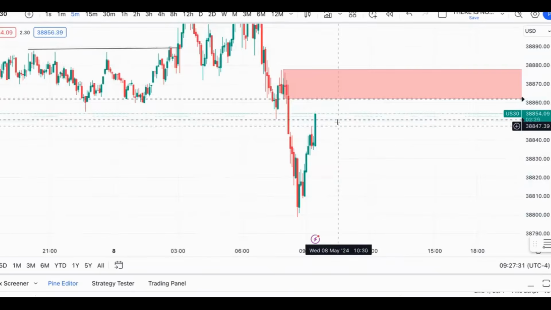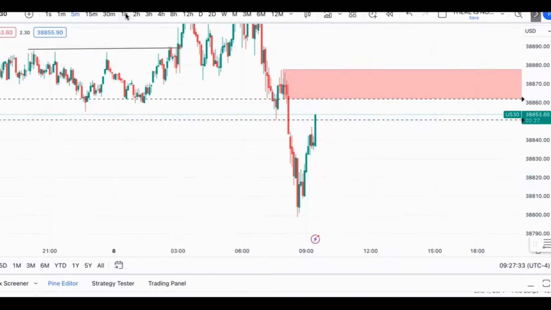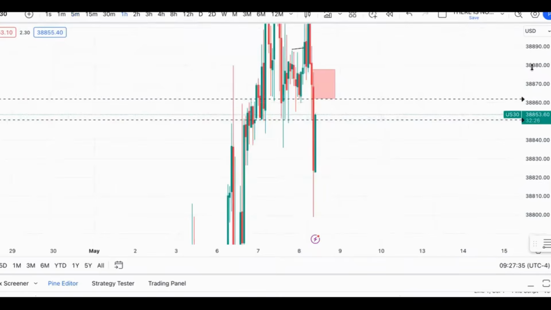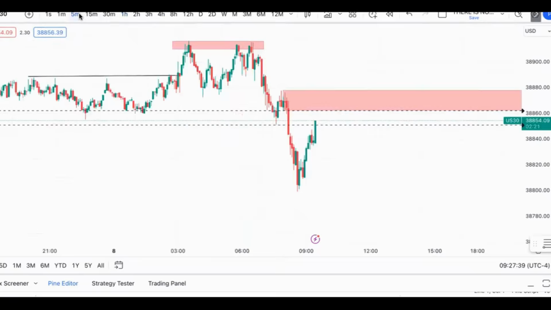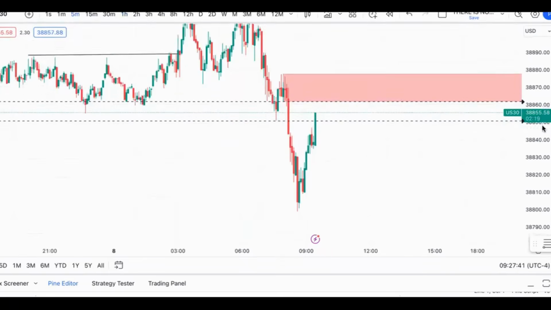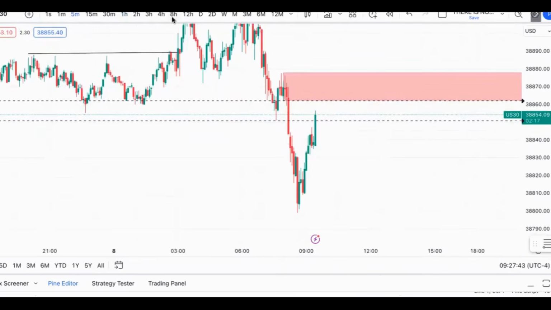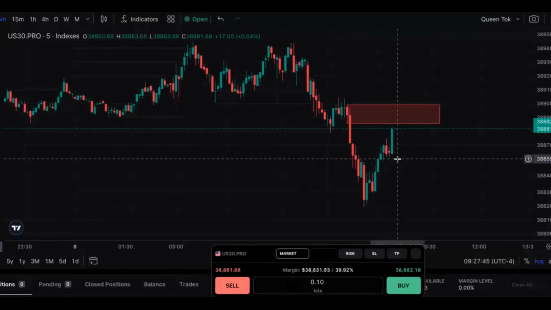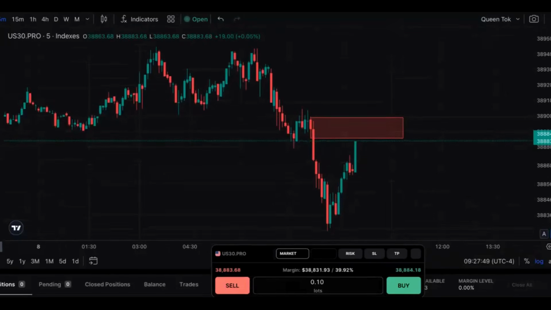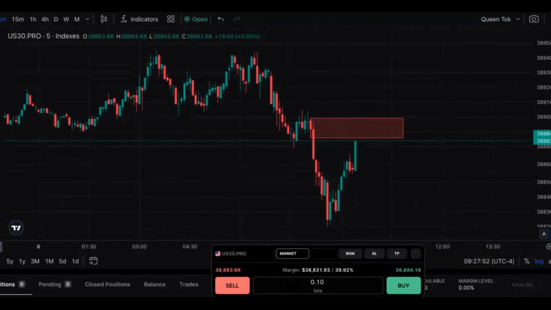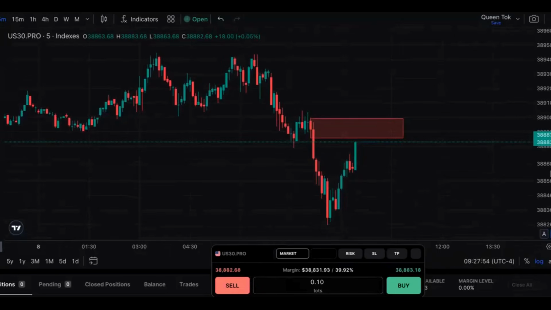So we did go ahead and come into that 1 hour area of interest here, as you can see. And now we're going to go back to that 5 minute area right here. Let's take a look at what that looks like on Trade Locker. And so we have this area, and we have 2 minutes until the 9:30 candle actually drops.